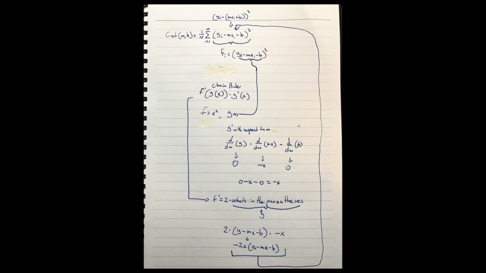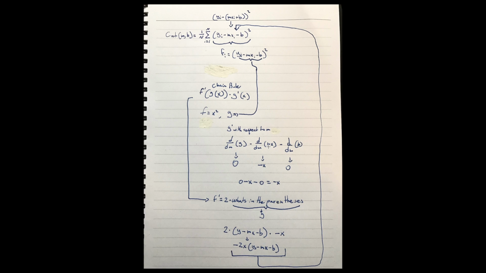So we're going to utilize the difference property, and we're going to split this up. So we're going to look at the derivative with respect to m of y, minus the derivative with respect to m of mx, minus the derivative with respect to m of b. So with respect to y, it's going to just be 0.